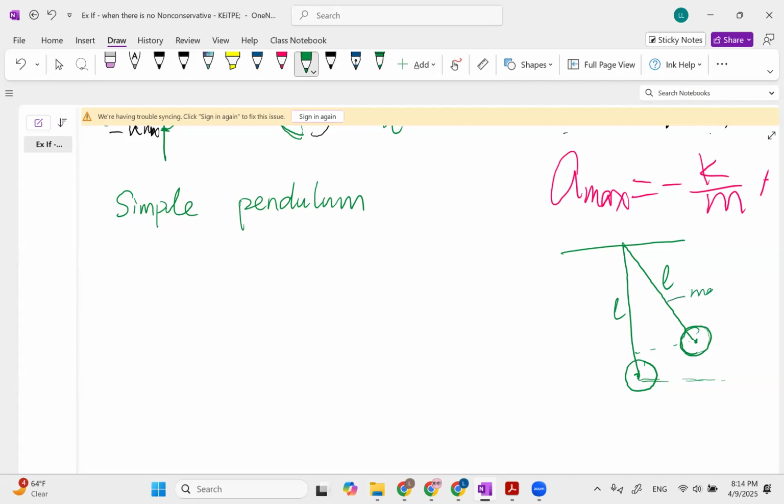We don't consider the mass of the string. We call it a massless string, right? But the sphere, the ball here, has a mass. So on the ball, you will have mg, you will have T, right? Then in this case, this is theta, right?